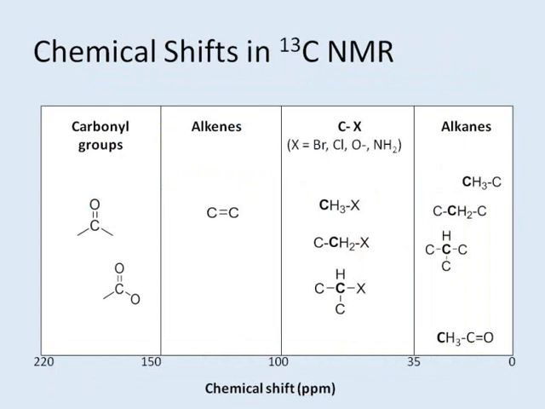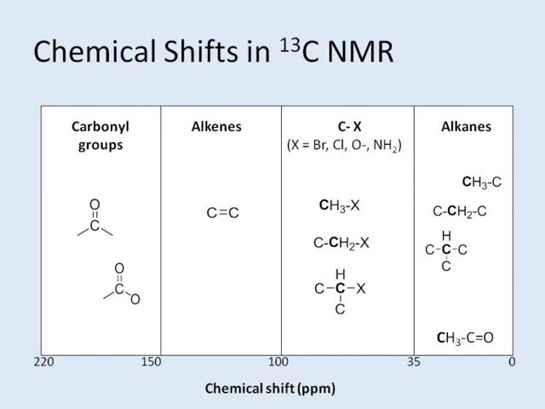This table outlines where different types of carbon atoms appear on a carbon-13 NMR spectrum. Carbon atoms in simple alkanes or in alkyl chains appear at the upfield end of a spectrum. As a general rule, CH3 groups are slightly further upfield than a CH2 group in a similar environment.